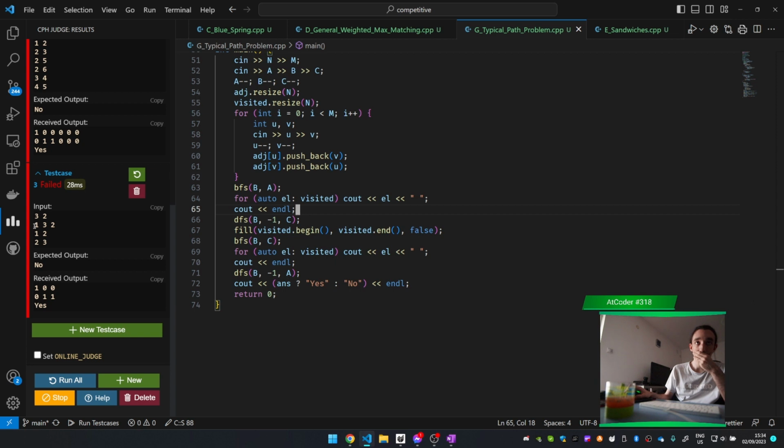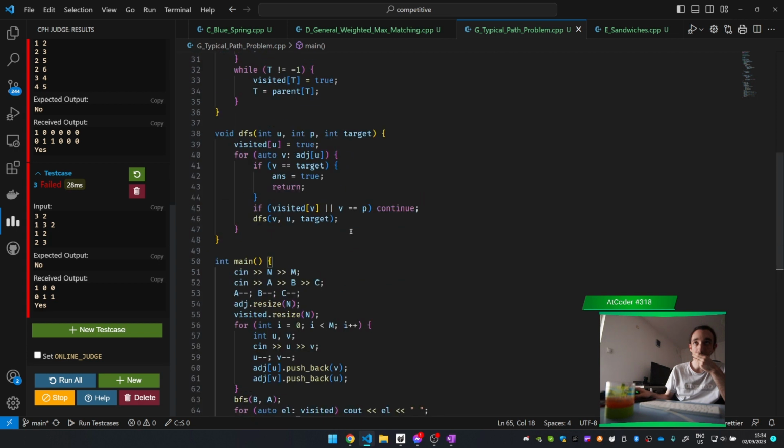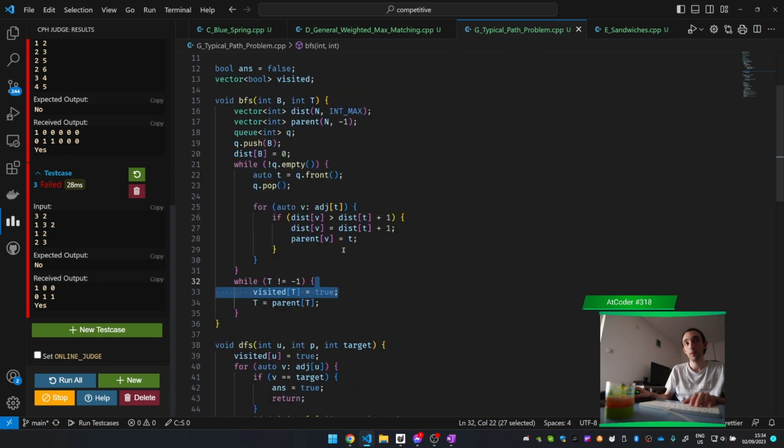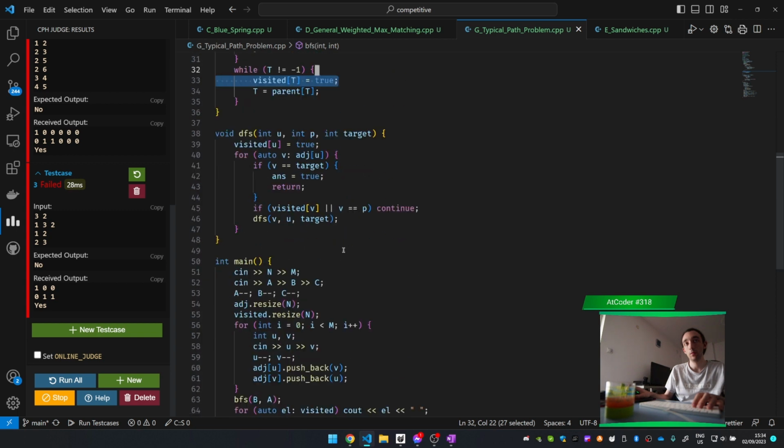So when it's through A, it visits only one, then also A is visited, right? B is what? 2.